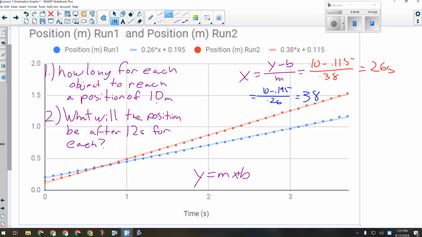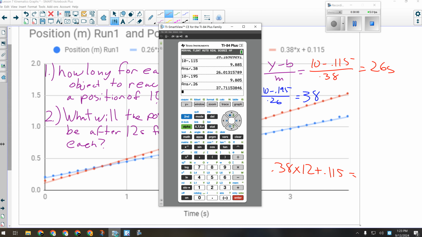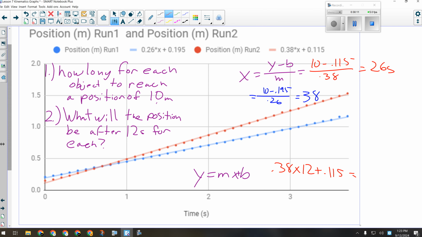So for the red one, 0.38 times 12 seconds plus 0.115. So 4.675, so we'll just say 4.7 meters, and that would be positive, because we're solving for a position.